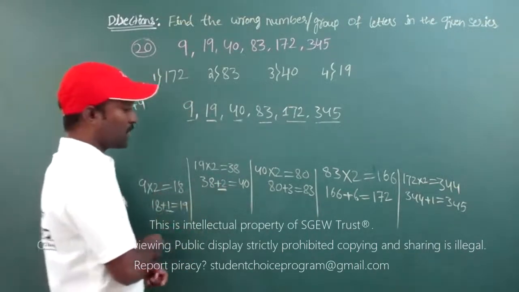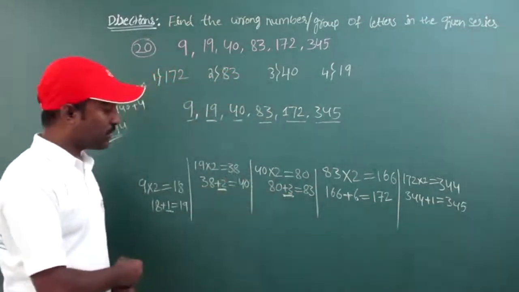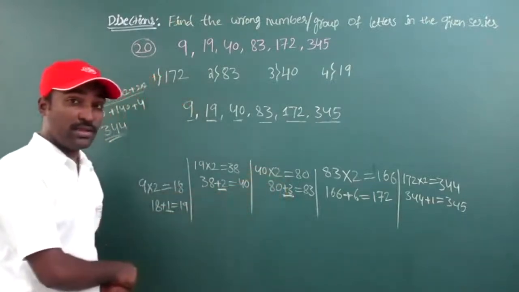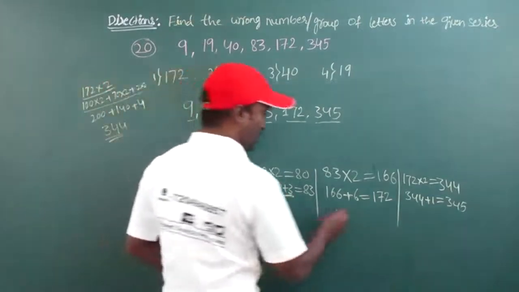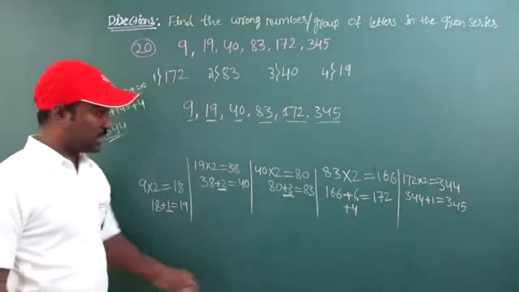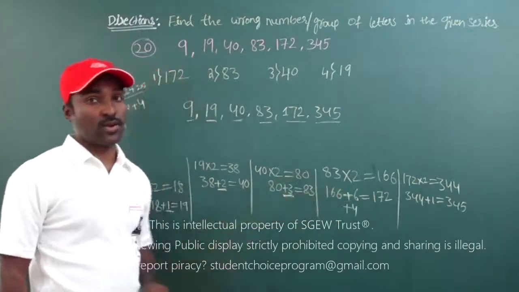Next number, 80 plus 3. The pattern is plus 1, plus 2, plus 3. The next number should be, yes, plus 4. The next number should be plus 4, but it is plus 6. So that's the wrong number.